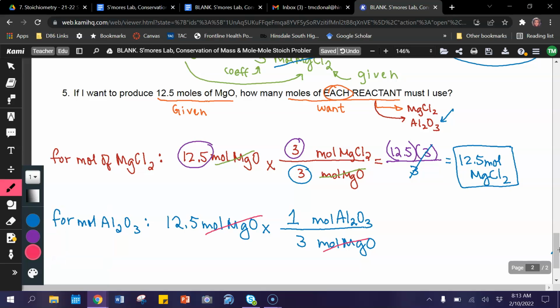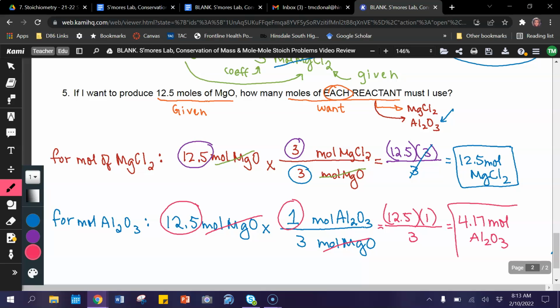Moles of magnesium oxide go away. Across the top, I'm going to multiply 12.5 times 1, hit your equal sign, divide by 3, and I get 4.17 moles of Al2O3.